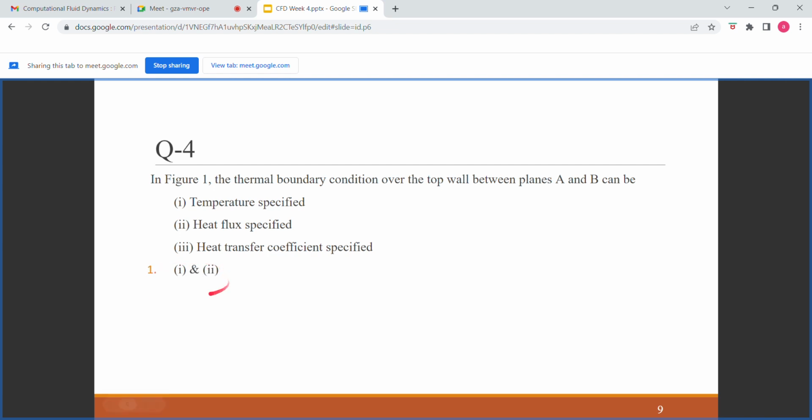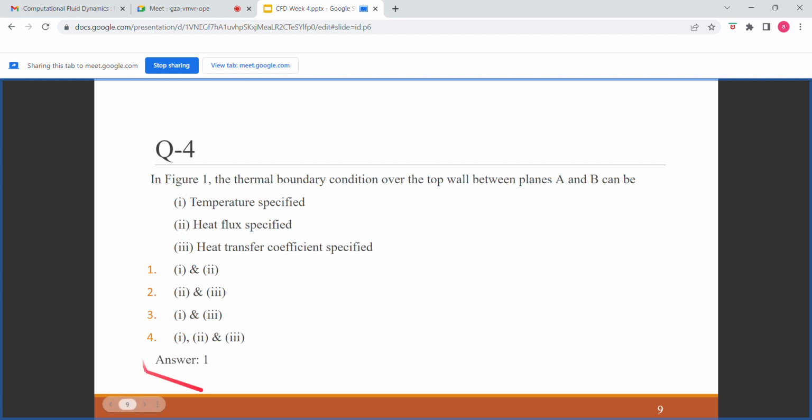Now we'll see what options are available for this problem. Option 1 is 1 and 2, option 2 is 2 and 3, option 3 is 1 and 3, option 4 is 1, 2 and 3. Option 1 is right because it mentions 1 and 2, whereas 3 is false. Options 2, 3 and 4 all include 3. Therefore, the correct answer is 1 and 2.